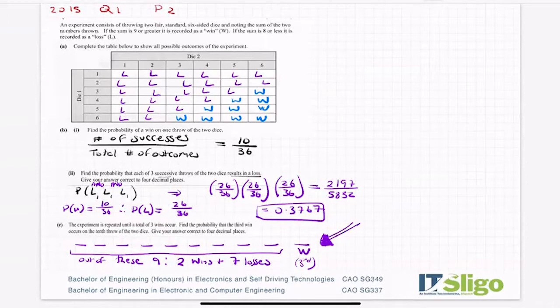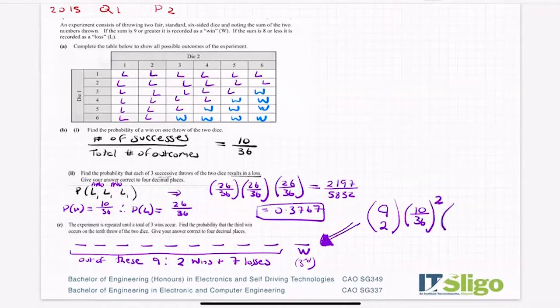So how do I do it? Well, out of those first 9 throws, I want 2 of them to be a success, and I'm calling a success a win. Okay, the probability of a win is 10 over 36, and I want 2 of them.